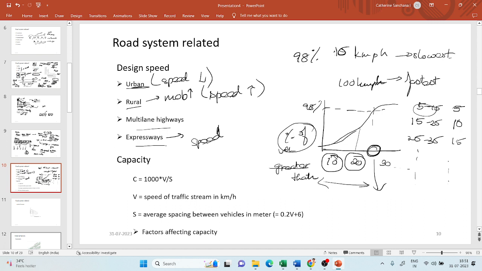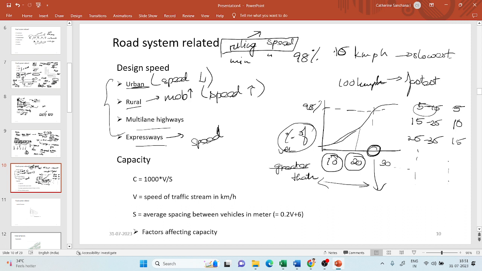Now, there are IRC codes which tell you what speed should be provided for each class of road, and they also have something known as ruling speed and minimum speed. They say that you should ideally provide the ruling speed on the pavement, the road, which means your vehicle should be able to travel at this ruling speed.